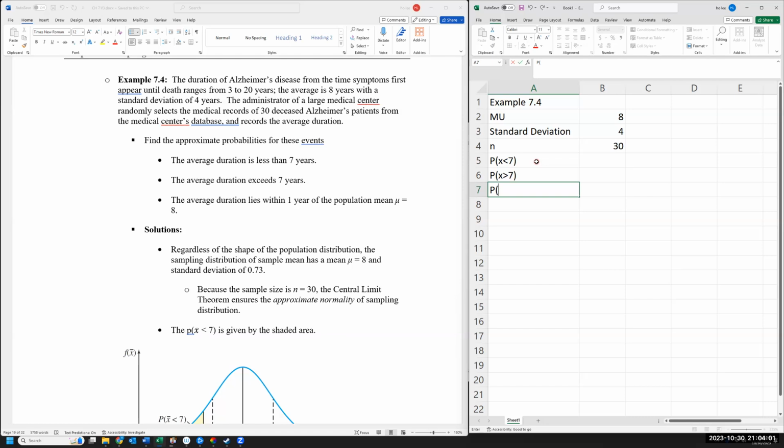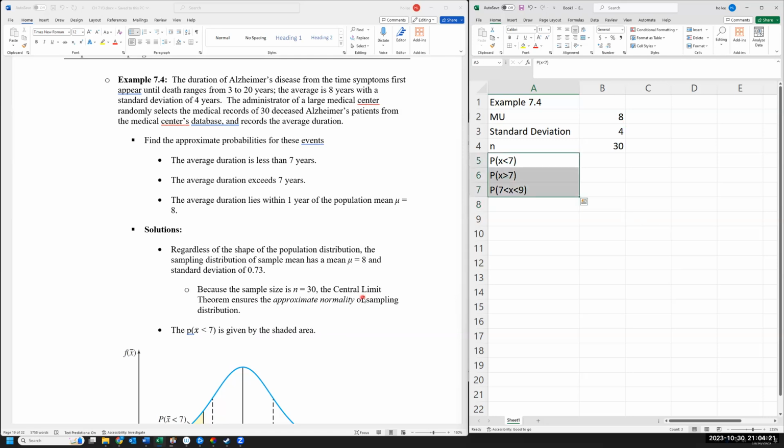So the probability that x is between 7 and 9. 8 is the average, so minus 1 is 7 and plus 1 is 9. So they want you to find these 3 probabilities.